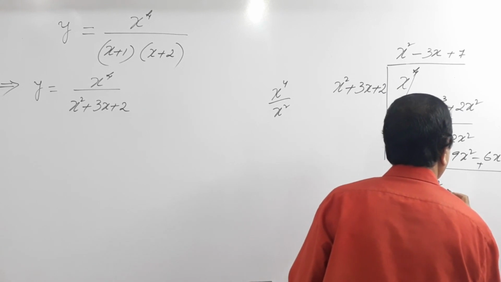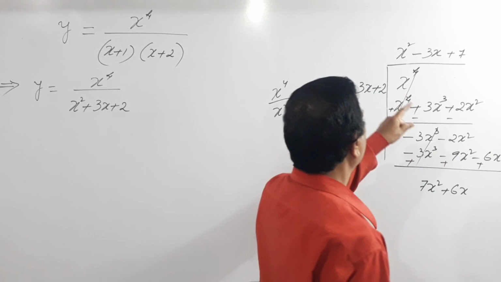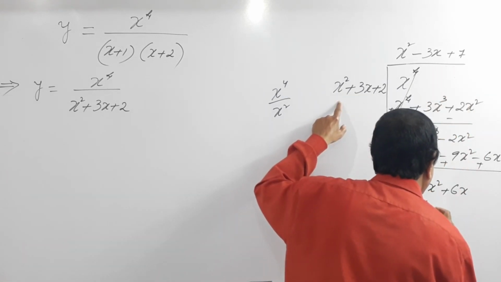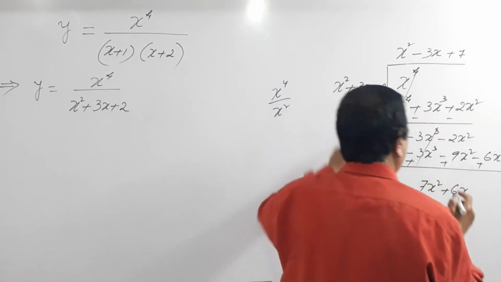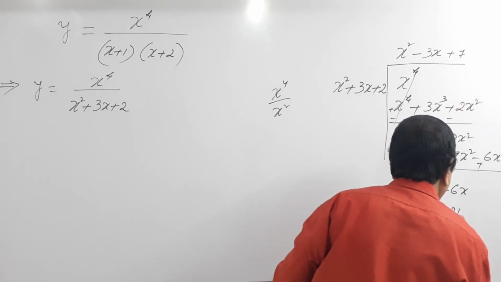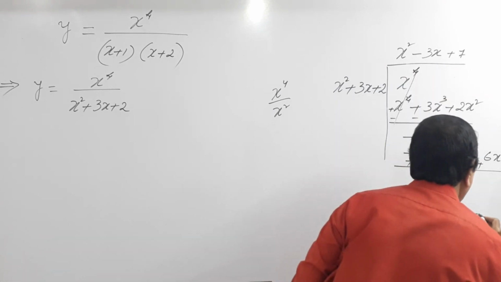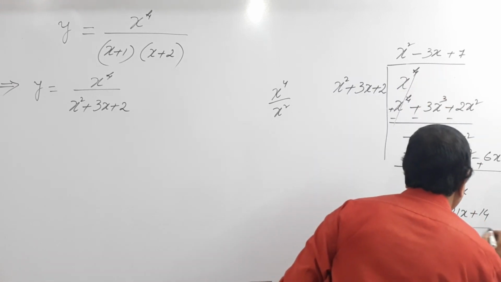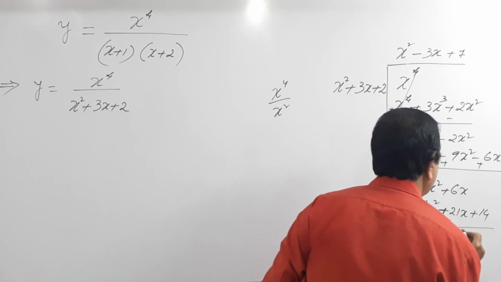7x square plus 6x. So now if you multiply this, it becomes 7x square plus 7 into 3, 21x plus 2 7s are 14. Now, so we have plus here, plus minus minus minus.